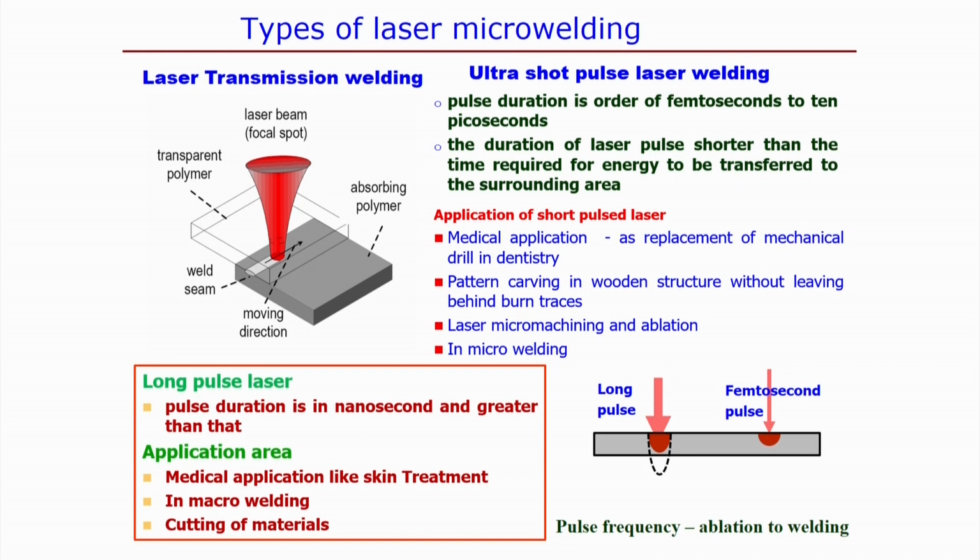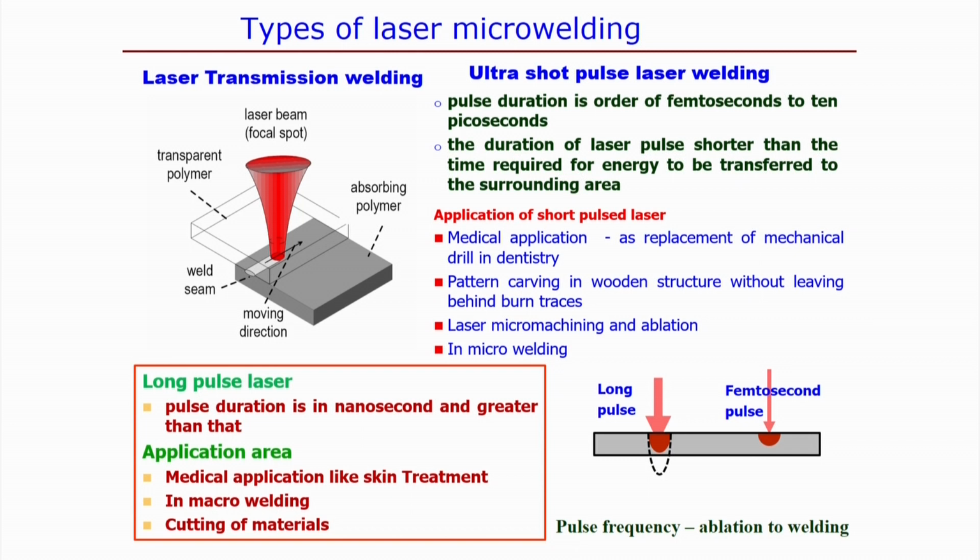The laser wavelength is chosen such that it is transparent to the upper polymer, but within that wavelength it is absorbed by the bottom polymer, so that the heat is released at the interface between the two substrate materials. So, this is the typical mechanism of the laser transmission welding process.